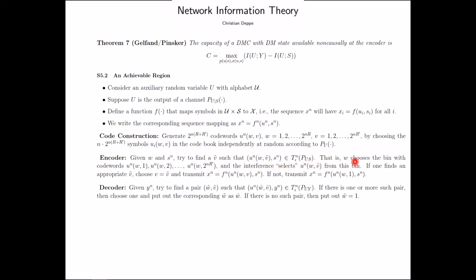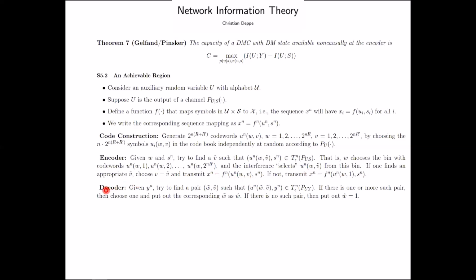So W chooses the bin because it's the bin for the codeword, and the interference somehow selects the V tilde. If one finds a V tilde, then we choose V equal V tilde and transmit this x^n. If not, then we just transmit something. But we must have a rule for what we transmit if we don't find such a thing. This is a kind of error.